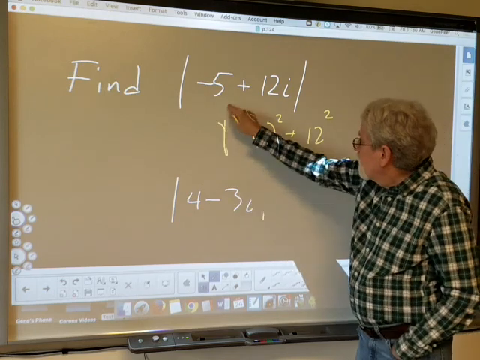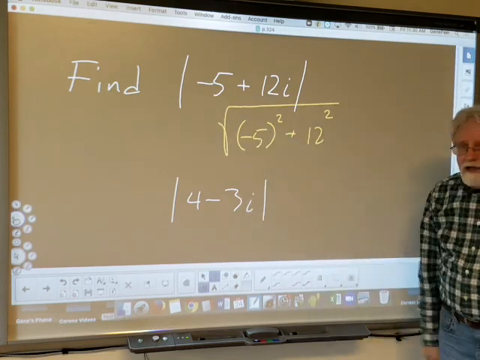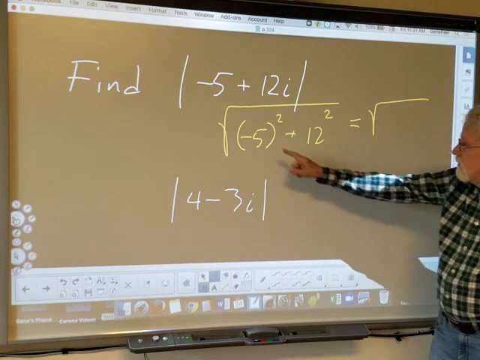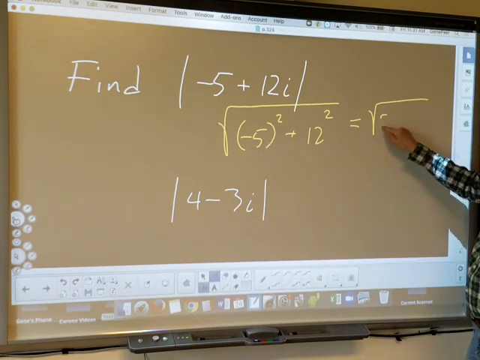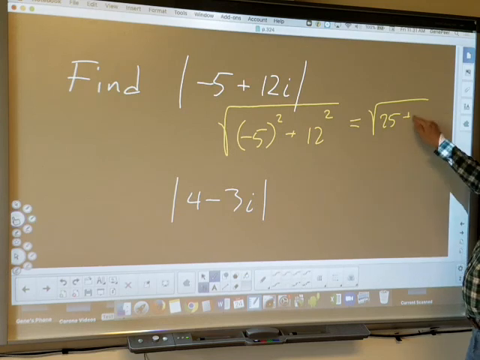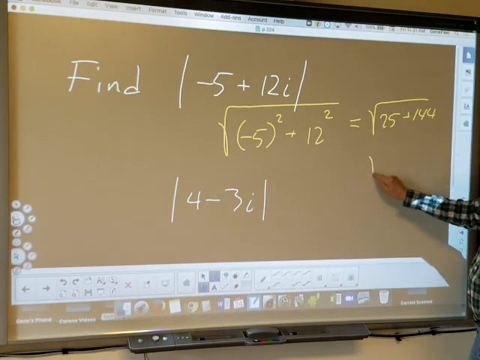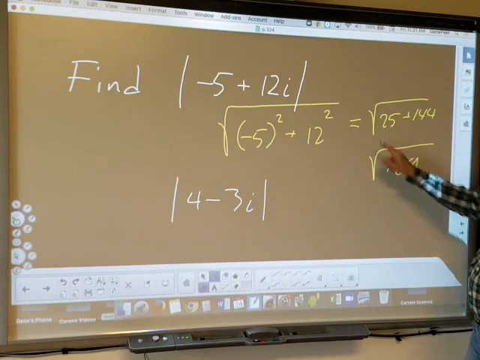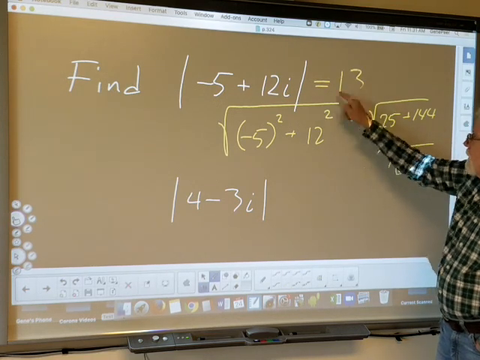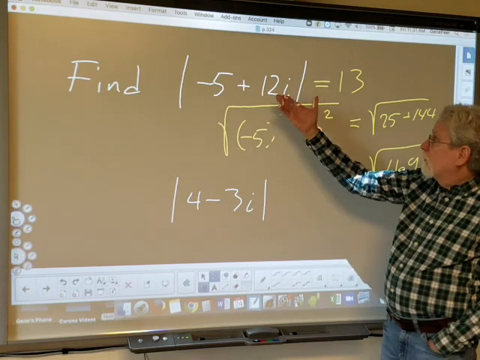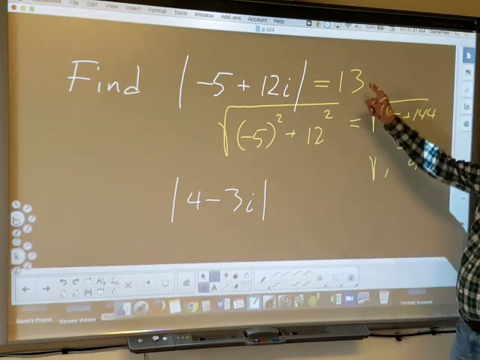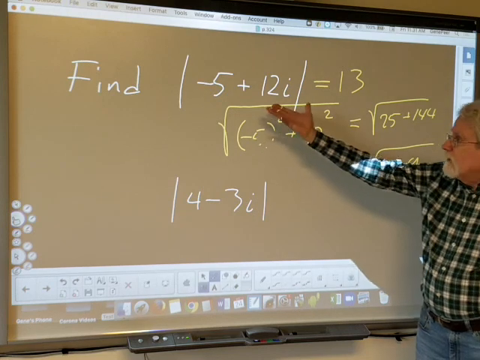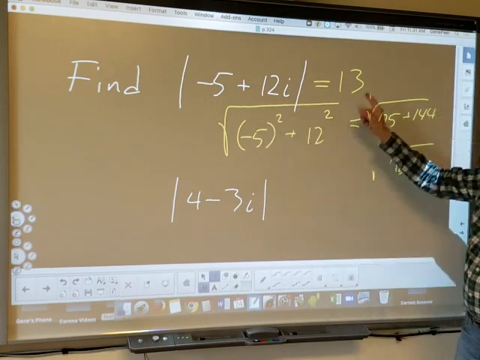And we take the square root of that, and that will be my absolute value, which gives me the square root of what? 25 plus 144. That's the square root of 169, and that happens to be exactly 13. Negative 5 plus 12i is 13 units away from the origin. The absolute value of negative 5 plus 12i is 13.